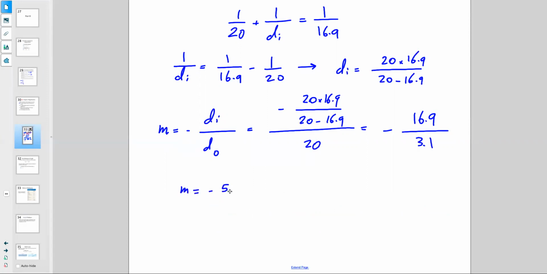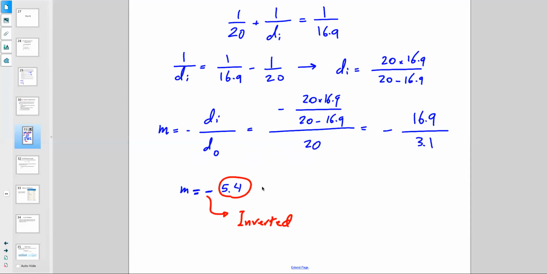Negative 5.4. It does not have any units. It's just the number that says how magnified it is. Now, pay attention to that. This negative means it is inverted. So the image is inverted.